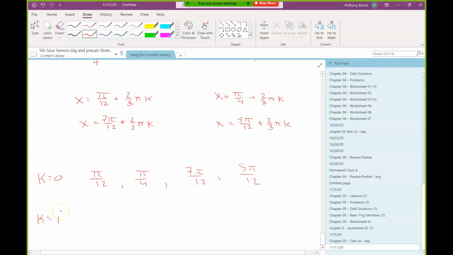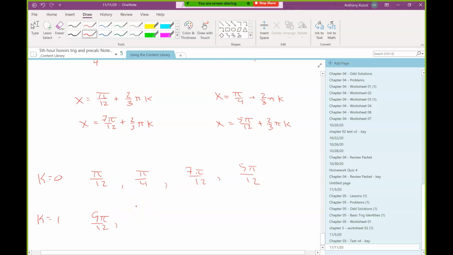So k equals 1. So I'm going to be adding 8/12 pi each time, right? 2/3 plus a 12th. When we make a common denominator, 2/3 is 8/12. So this one becomes 9 pi over 12. That's still in our interval.